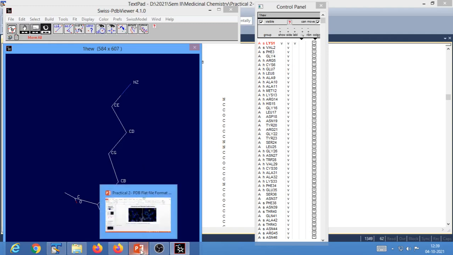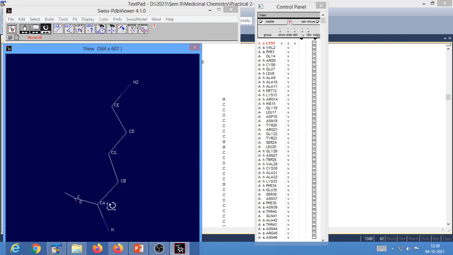hydrogen atoms have only one electron in the outermost shell, and the remaining atoms have multiple electrons in the outermost shell. Like carbon has multiple electrons, nitrogen has multiple electrons. The more electrons around an atom, the higher the electron density around that atom.